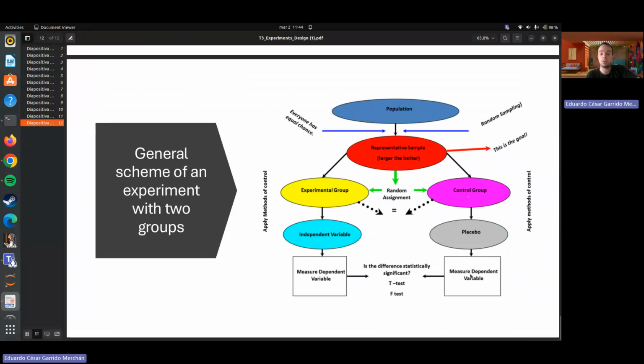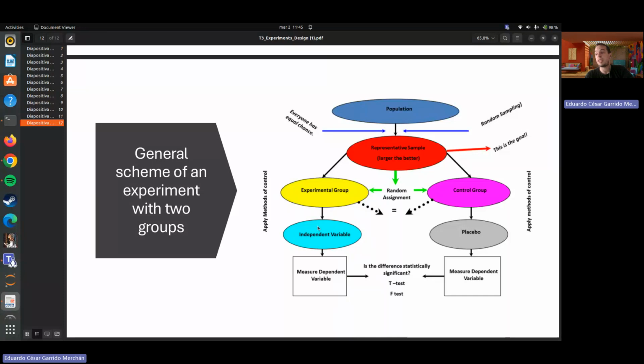Once we have these two statistics of position, like the means or the medians or the proportion of the variable that we need to measure, for example, these people have run the 1,000 meters in a mean of 3.5 minutes, and these people have run the 1,000 meters in 4 minutes, we apply a t-test of two means that we are going to see in topic 4 to determine whether the research hypothesis, for example, that Coca-Cola is a good product to run 1,000 meters faster, is compatible with the data or not.